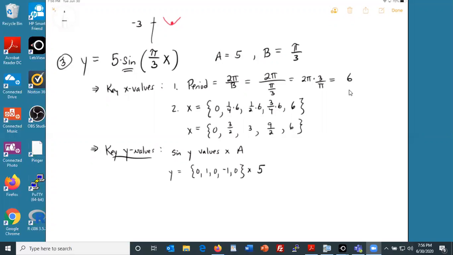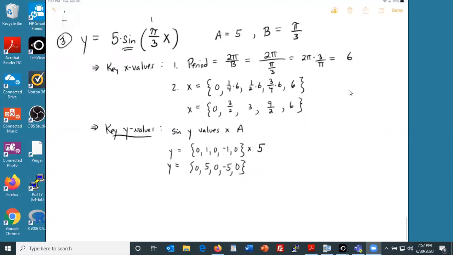A is 5. So that gives us values of 0, 5, 0, -5, 0. And now I have my y values. So my 5 key points then are just found by pairing those together. So the first one is (0, 0), (3/2, 5), (3, 0), (9/2, -5), and (6, 0).